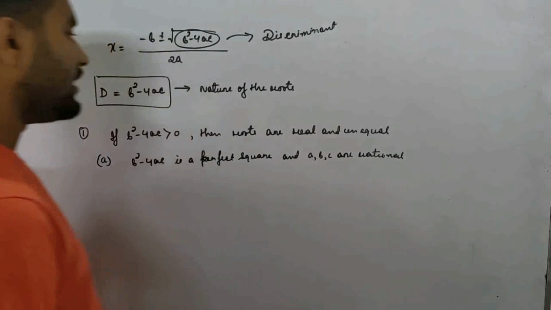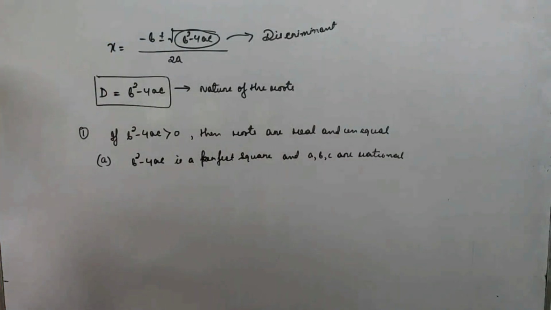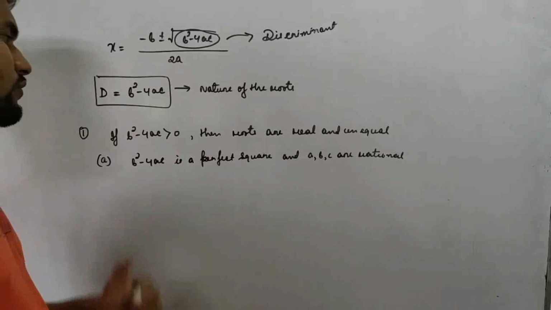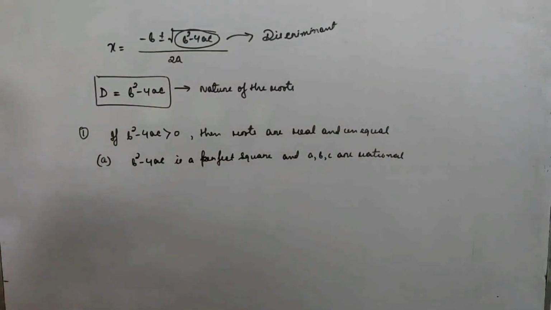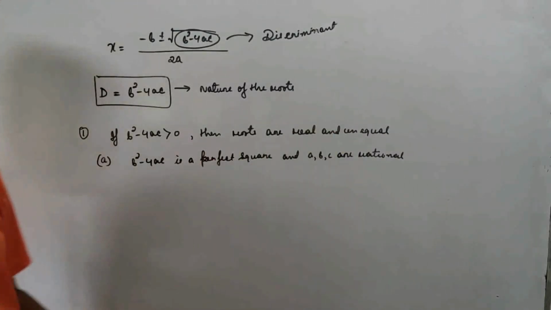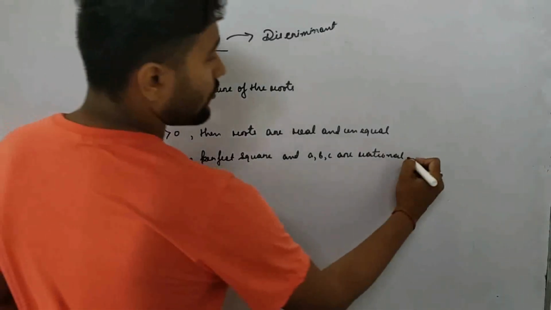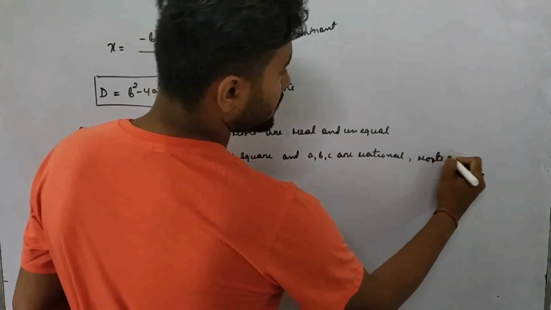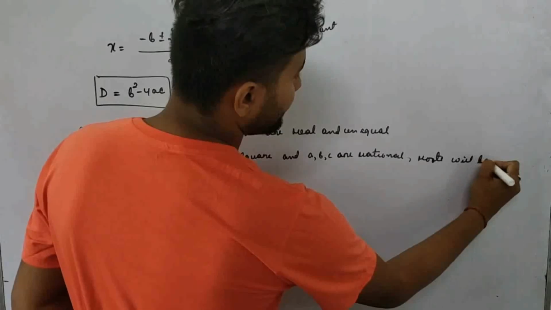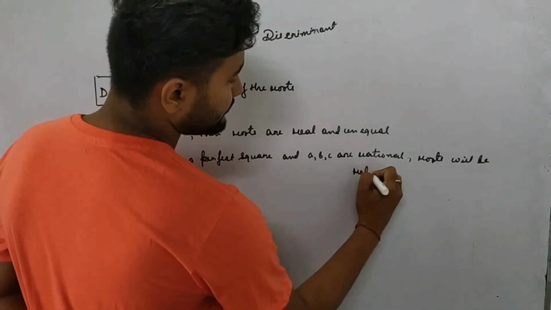If they are perfect square and a, b, c are rational, then what can you say? Then you can say that your roots will be rational and unequal.